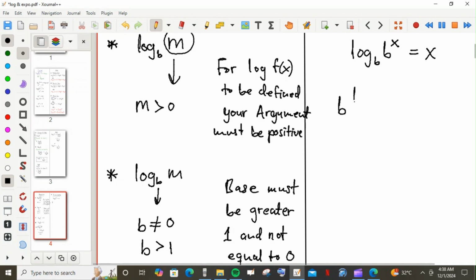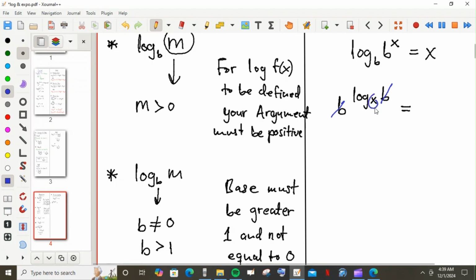Now, if you have a number raised to a certain power, and the power is actually a logarithm, and the base here is the same as the base at this side, the inverse property rule says that the base and the base will cancel, leaving only what?